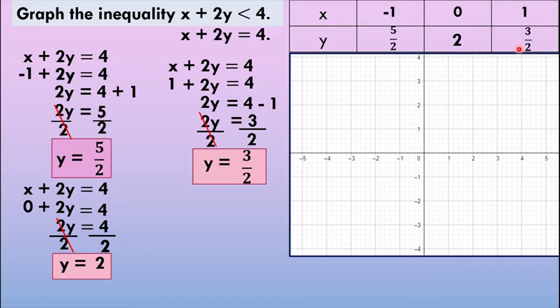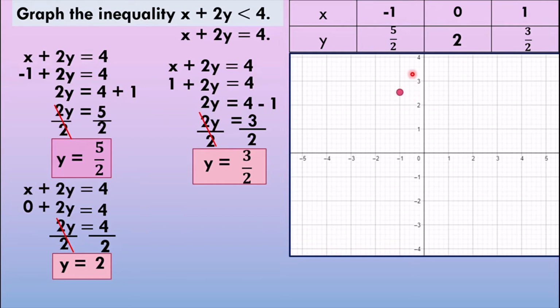Alright. Next, graph the points on the Cartesian plane. So, we have to plot the points on a Cartesian plane. So, when x is negative 1, this is our x, negative 1, y is 5 halves. So, positive 5 halves. 5 halves is located between 2 and 3. Okay, so positive 2 and 1 half. 5 halves is equal to 2 and 1 half. So, between 2 and 3.